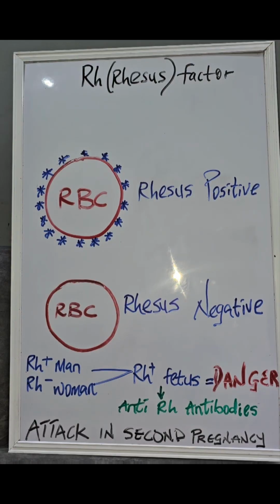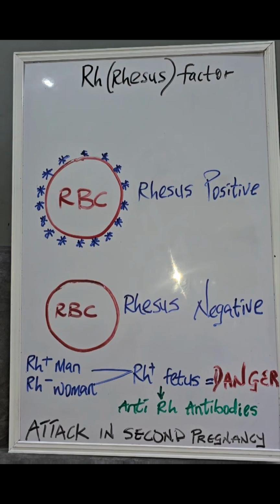But if this Rhesus positive man gets married to a Rhesus negative woman, and on conception they are having a Rhesus positive fetus, there is a problem. Now remember that the mother is Rhesus negative. She doesn't have those Rhesus protein surrounding her red blood cell. And then this fetus has it.